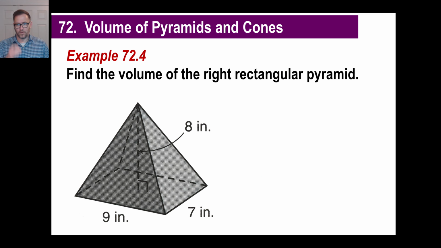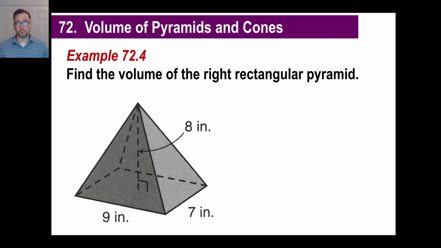Okay, let's do one. Find the volume of the right rectangular pyramid. Again, we're going to find the area of the base times the height. Let's do it this way. Pretend that this is just a cube, or some kind of a rectangle, like a giant box, right?